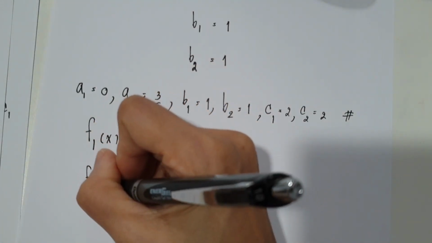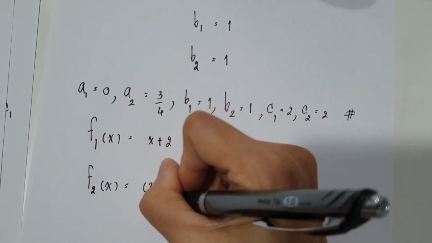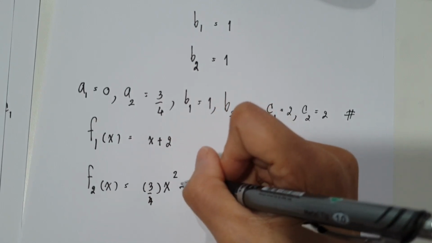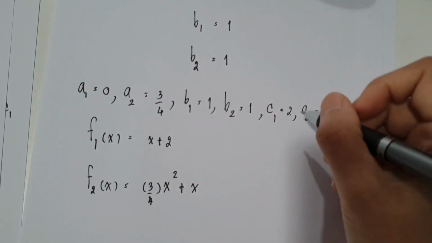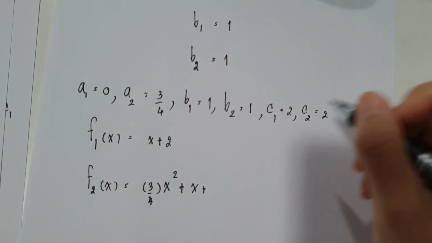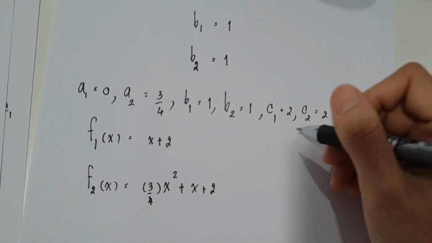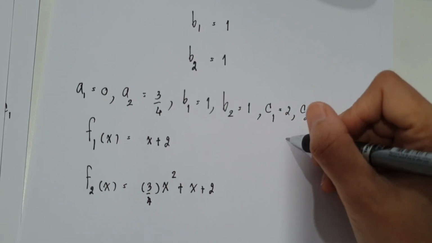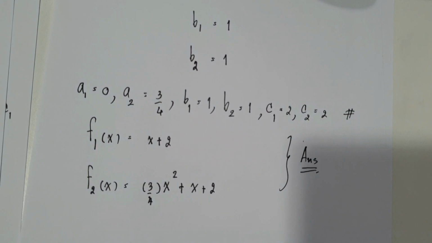And f2(x) will be 3 over 4 x squared plus x plus 2. Right? So this is the function that you create using a quadratic spline.